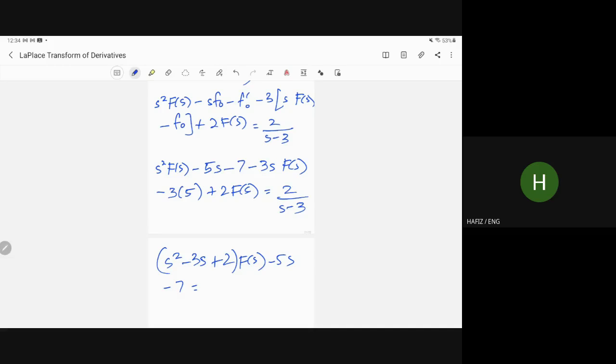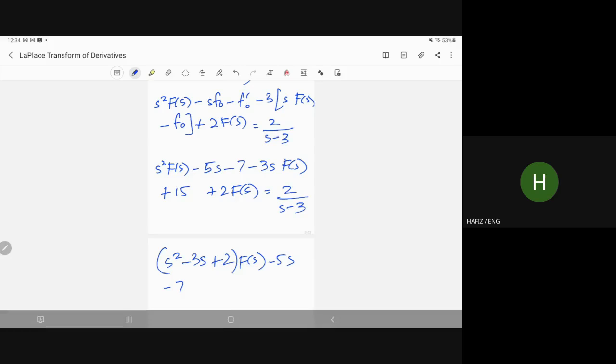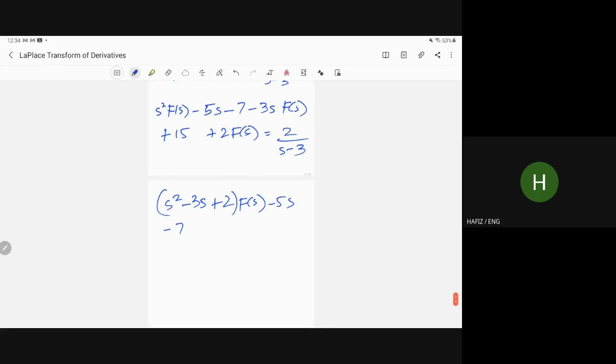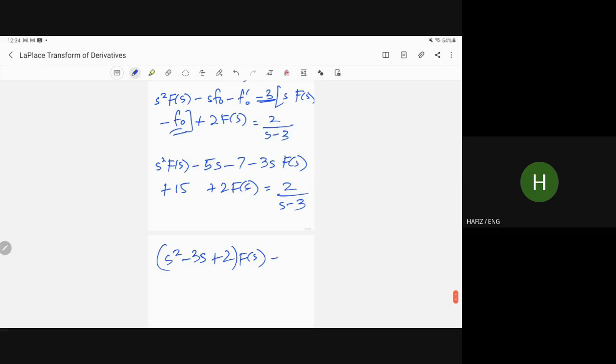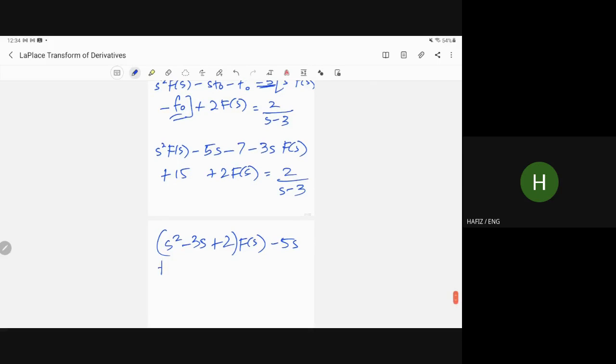Oh, don't forget this, and this is actually plus 15. Minus 3 times minus 5 is plus 15. Minus 5s, and then 15 minus 7 is 8. So you get this.